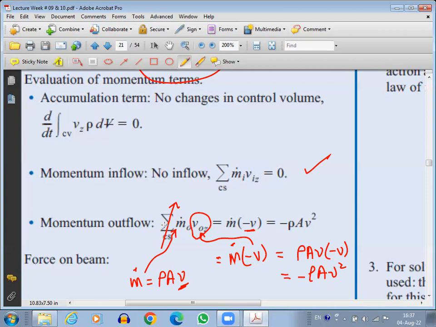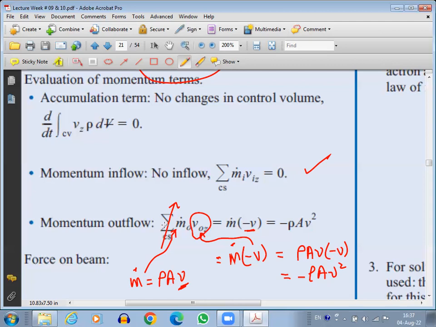Mass flow rate is not a vector quantity. So I just need the magnitude of the velocity here, not the direction. This is the basic concept that students get confused about: either they don't use the negative sign at all in both the velocities, or they use it in both the velocities, and this is wrong.